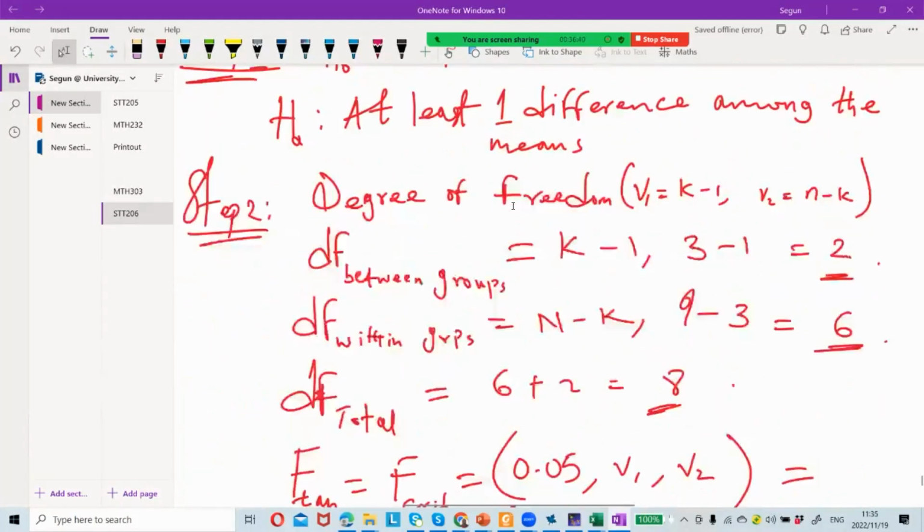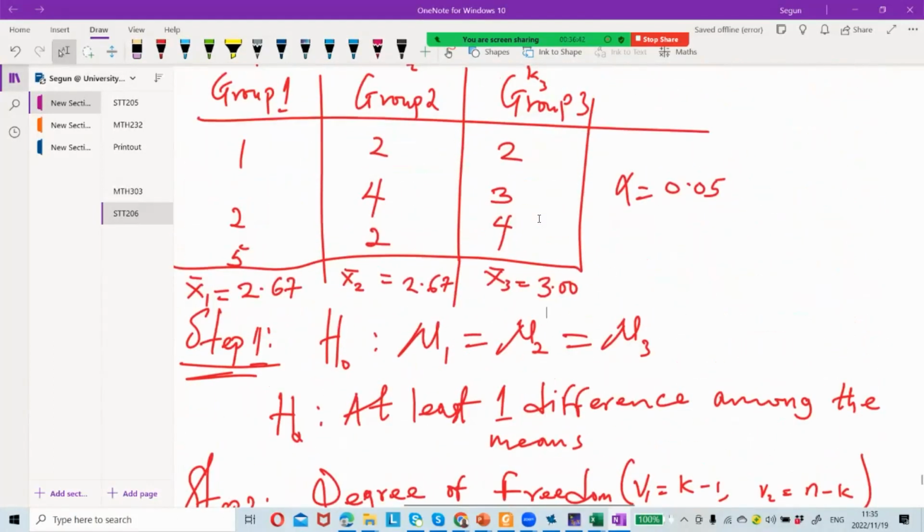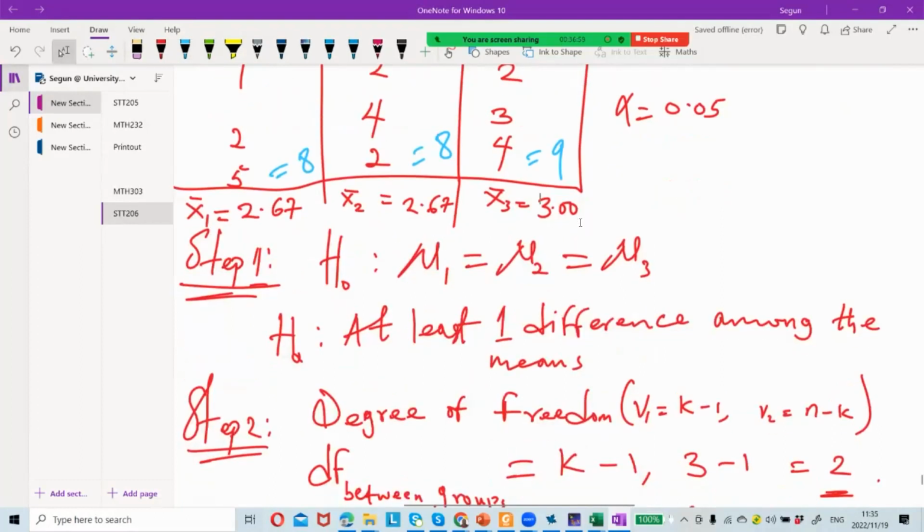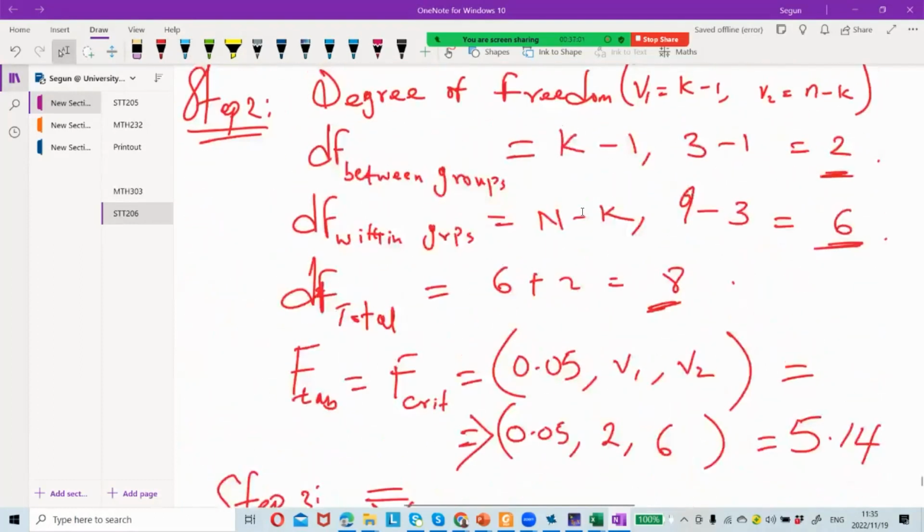Now, another way of solving this one is to add everything in all the groups together. The total here is 8. The total here is 8. The total here is 9. Right? It's still the same thing we are doing.